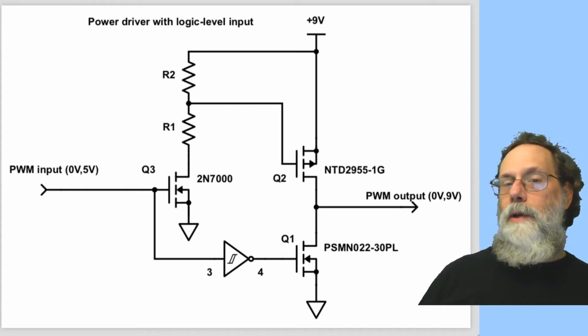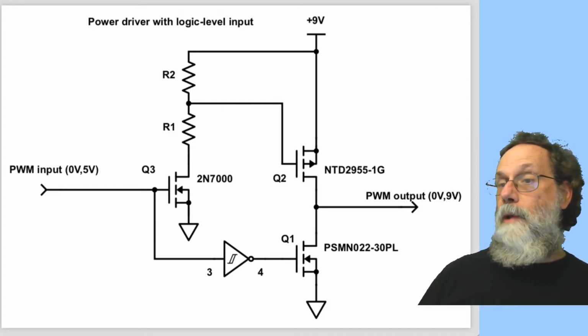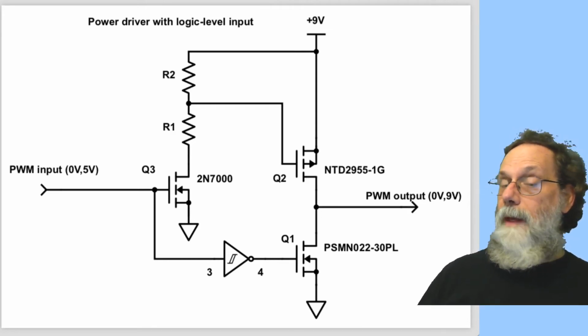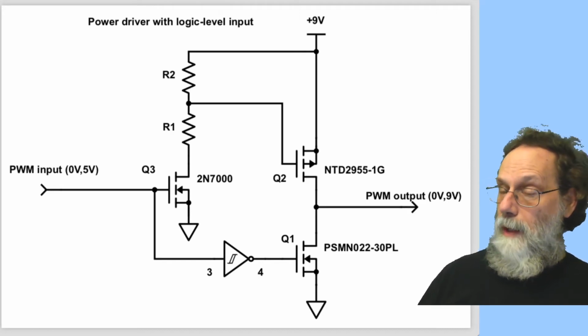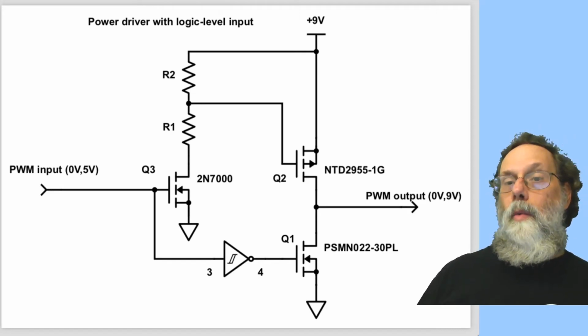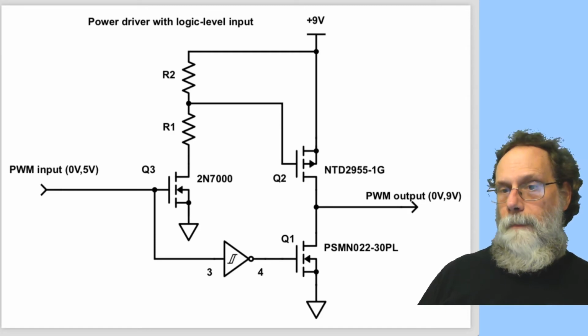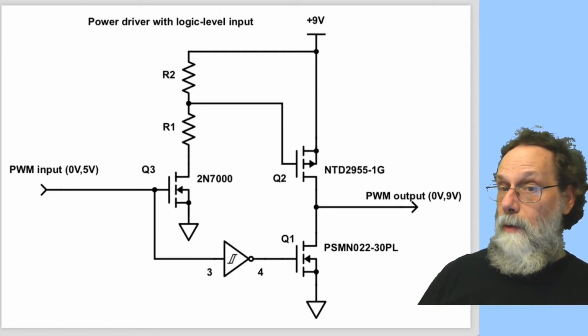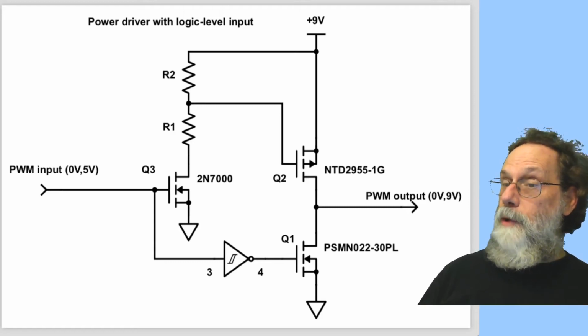What happens if we turn the PWM input low? Okay, let's look at the NFET first. If pin 3 of the inverter is low, then pin 4 of the inverter is high, and we're turning on the NFET Q1. But PWM input being low also means that Q3 will be turned off.